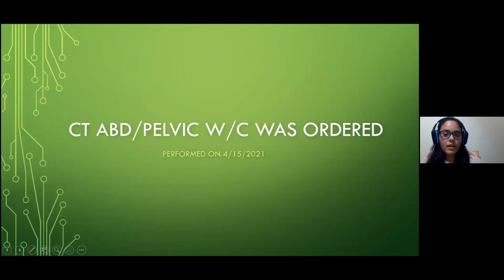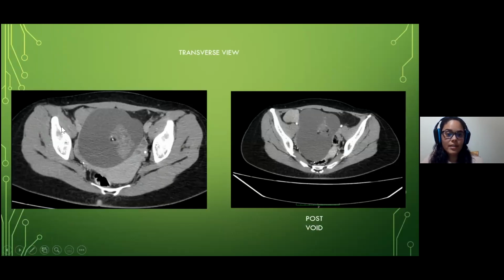So she went for her OBGYN visit appointment. She went with the results, and her doctor ordered a CT abdomen and pelvis with contrast, and we performed that on April 15. And these were our findings. So we found this big mass, of course, that we already knew was there.